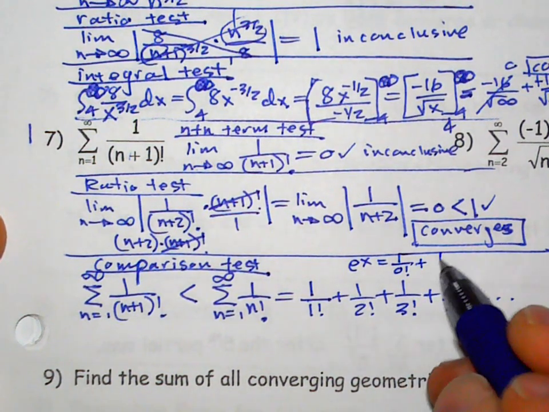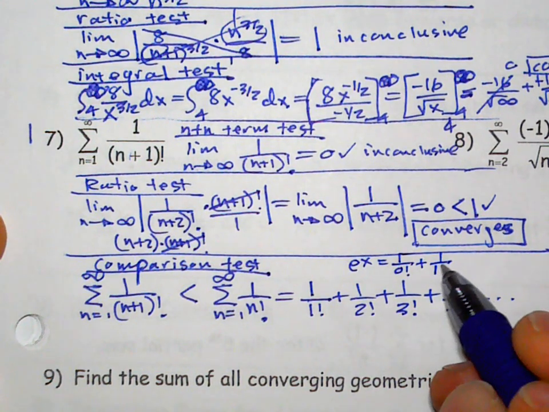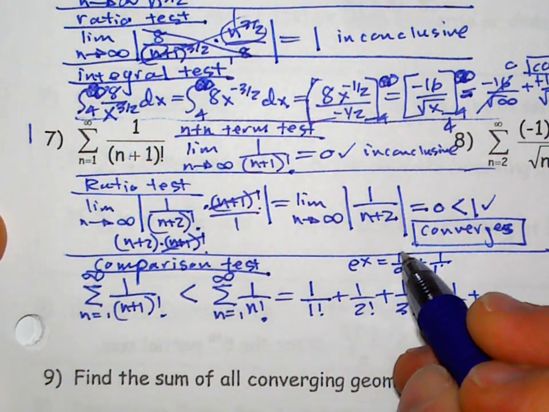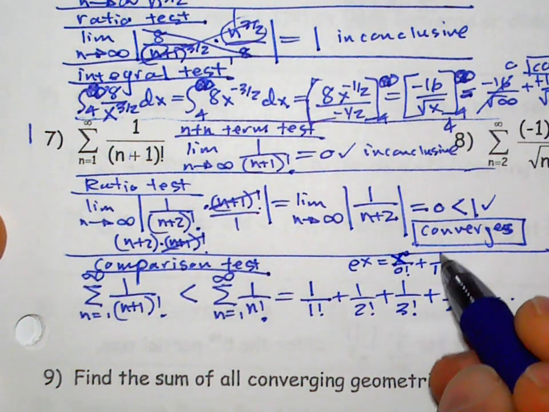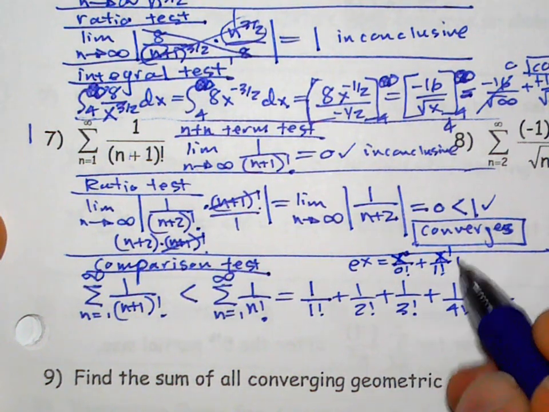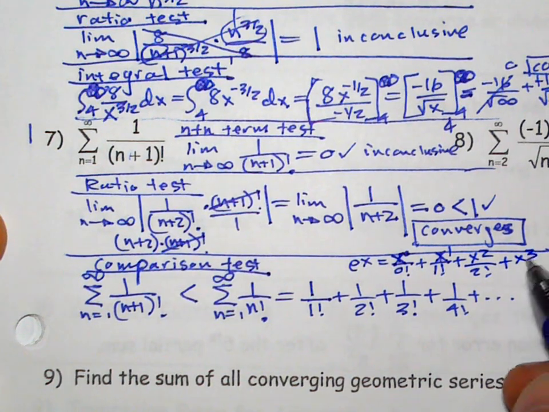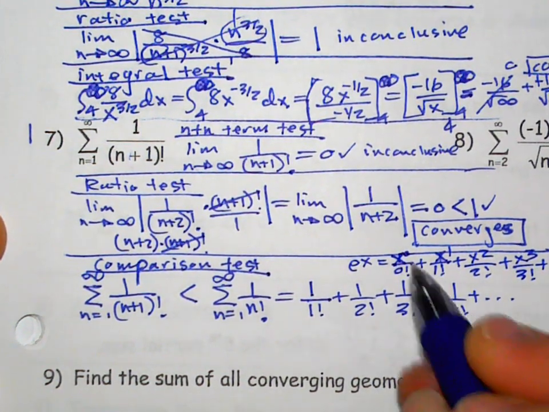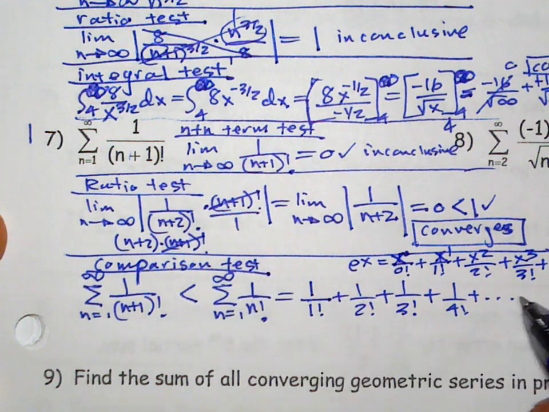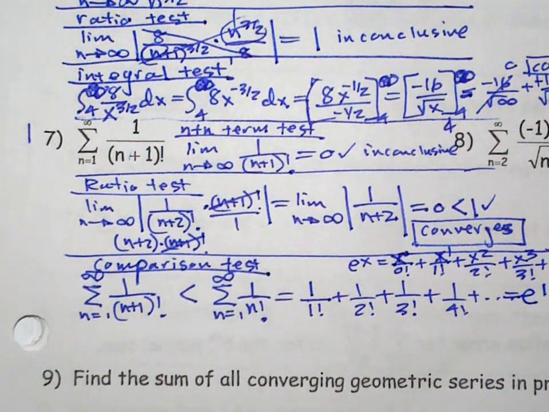We could start at any term. It's actually x to the 0 over 0 factorial, x to the first over 1 factorial, x squared over 2 factorial, x cubed over 3 factorial. I don't know if you guys remember that one. So this is that, but the x value is 1. So this is the same thing as e to the 1. So not only does that converge, but it actually converges to the value of e.